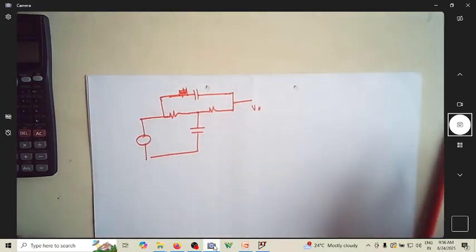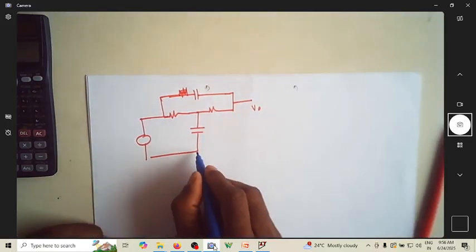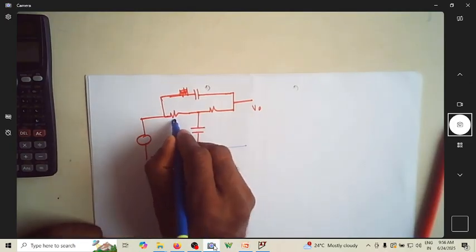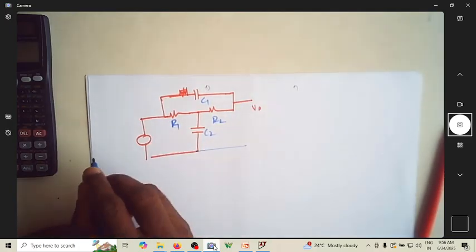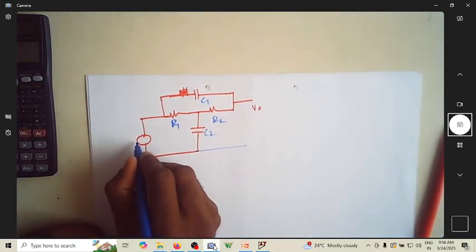So what is V naught? Something like this. You cannot solve the complete circuit here. It is R1, R2, C1, C2. I want to know what V naught is. This is V naught.